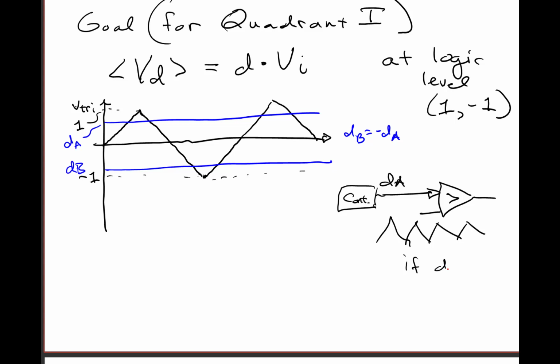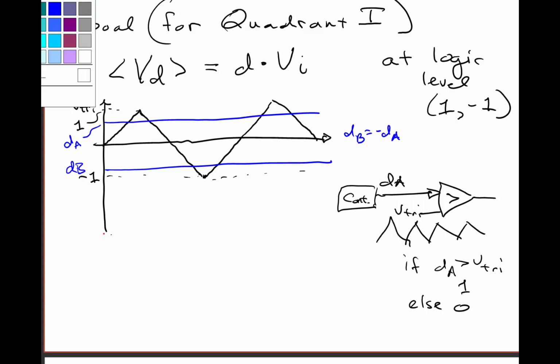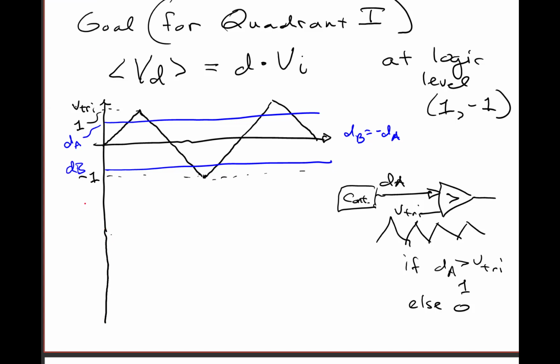If dA is greater than V triangle, that's what this is, then what you're going to get is a 1. Otherwise, you're going to get a 0. So we're actually going to be able to synthesize S sub A right here and S sub B for that matter.